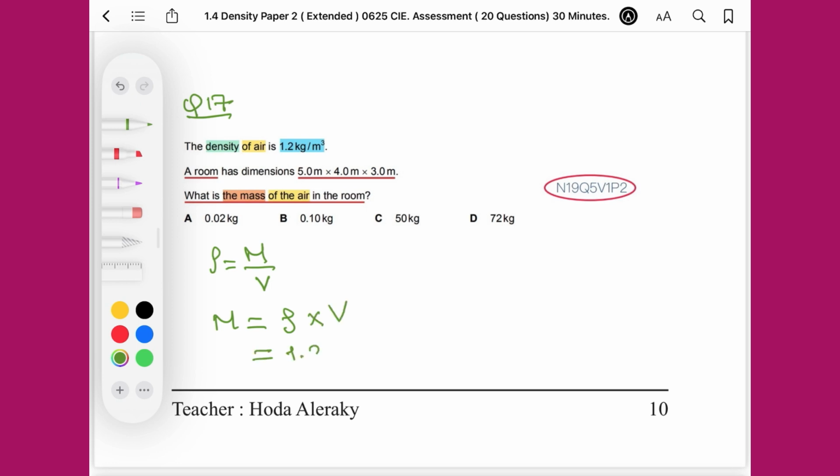Density is given already. Check that you have consistent units. All dimensions are given in meters, so it's very simple. You just have to calculate your final answer. Your final answer will be 72 kilograms. Your answer is D.